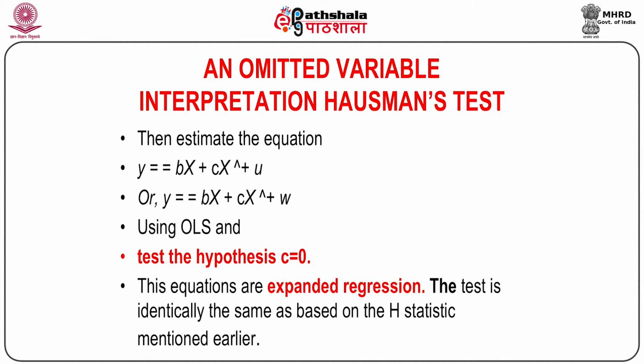So, in the omitted variable interpretation of the Hausman test, we first find the expected value of x. Then we use the expected value of x as an additional explanatory variable in the original regression, and if we find that c is equal to 0, then we say that there is no omitted variable case.